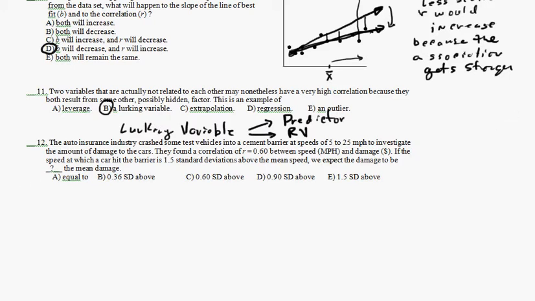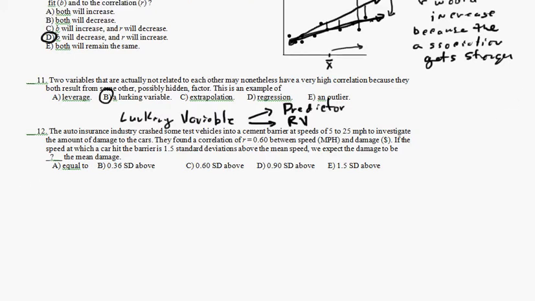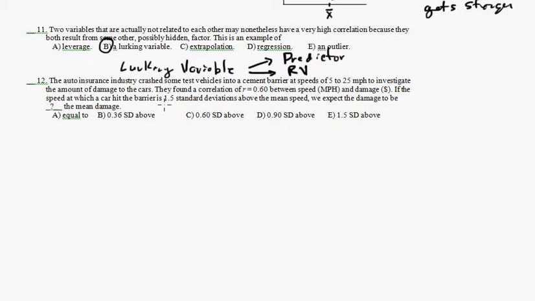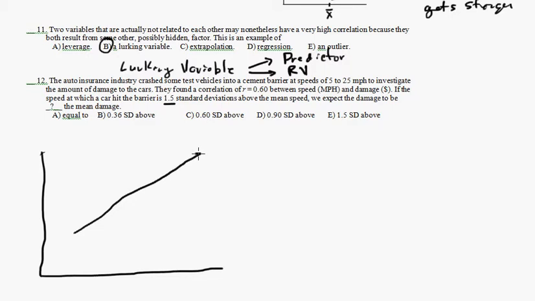Okay, last problem. They want to know if you move, see if I can draw a picture of this. I need kind of like a big graph. So this one took a little thinking, but here's a line. Okay, and so if you move, let's say you're at some point right here on the line.